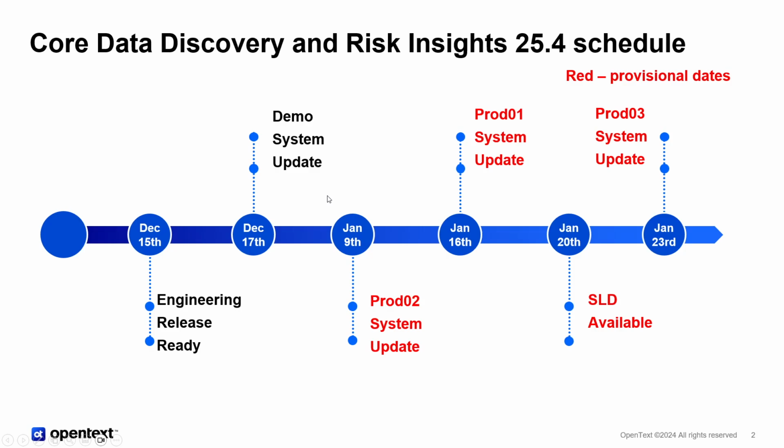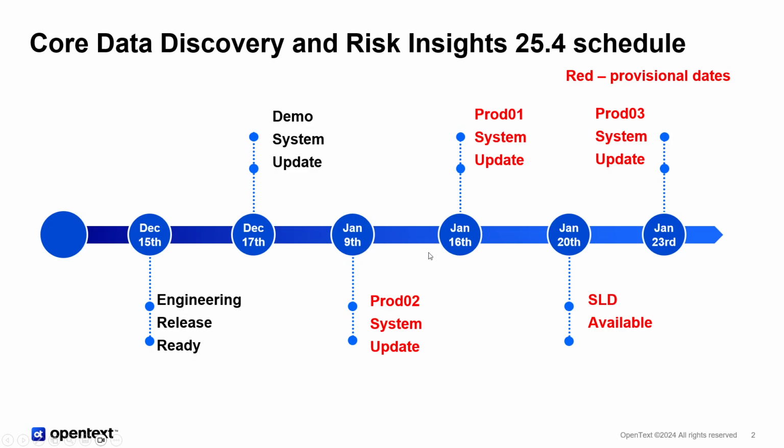So as always, let's discuss the schedule first. The update came out of engineering at the end of December, and just before the Christmas break, it was put onto the demonstration system. Now, there are plans to update the production system in these next few months, but these are provisional dates, and there is a chance that a couple of these may slip.